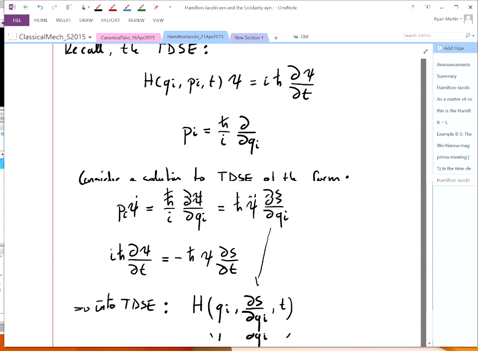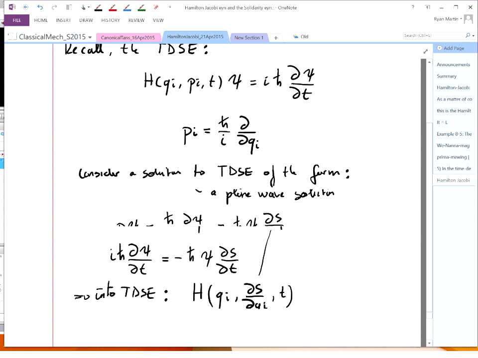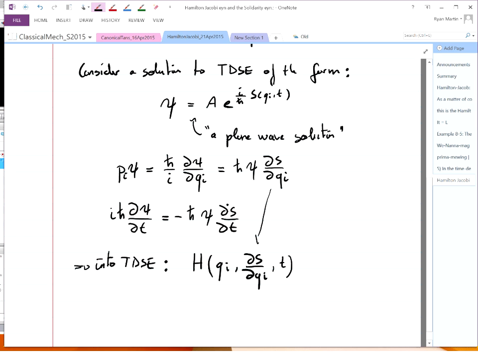Then the other term I have on the right-hand side is i h bar ∂psi/∂t, which I said was minus h bar psi times ∂S/∂t. So I bring that also to the left-hand side and factor out the h bar psi, and it's a plus ∂S/∂t. And that all multiplies h bar psi and is equal to 0.